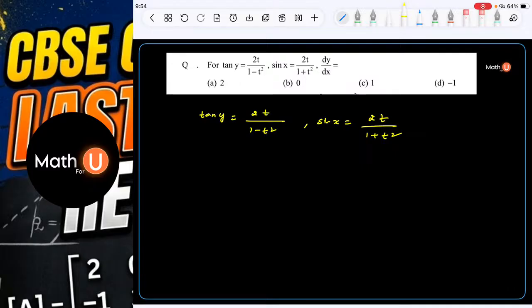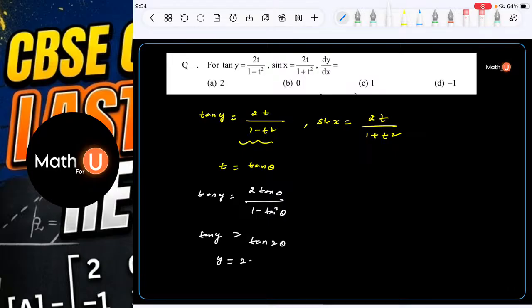This is very simple. First we have to simplify this one. In place of t I will replace tan theta. I will get tan y is equal to 2 tan theta by 1 minus tan square theta, which is nothing but tan 2 theta. Tan y equals tan 2 theta, tan gets cancelled, y is equal to 2 theta.